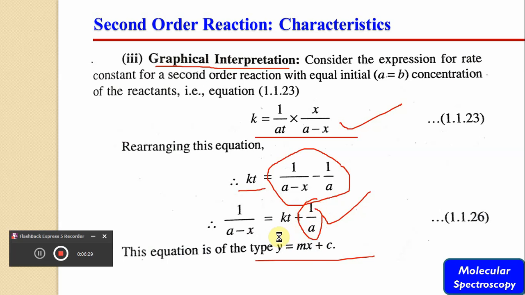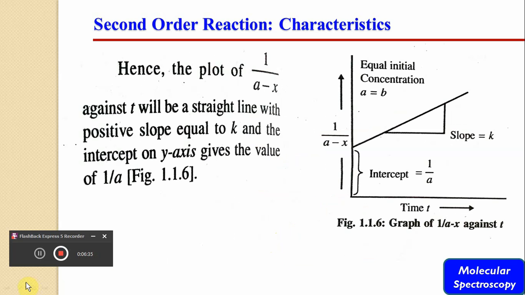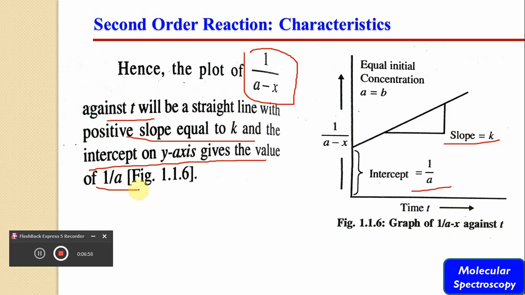That's why whenever we plot the graph of 1 upon a minus x versus time, it will give a straight line having positive slope equal to k, and the y-intercept will be equal to 1 upon a.